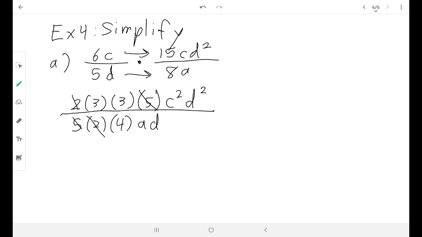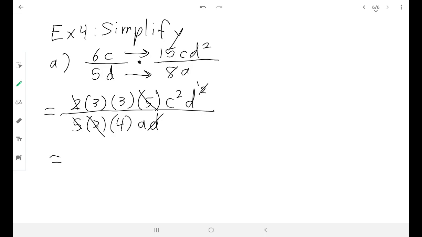And remember, you can only cancel between multiplication. So the reason I'm able to cancel here is because there's no addition or subtraction in this. And then this d squared means I have 2 d's here, d times d. So I can cancel one of them with this d down here.